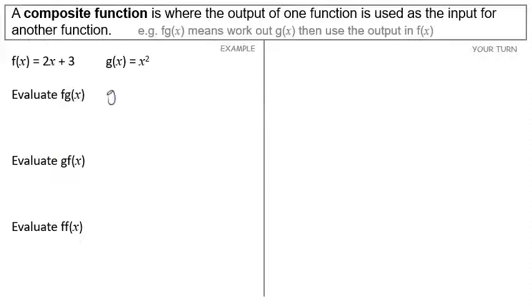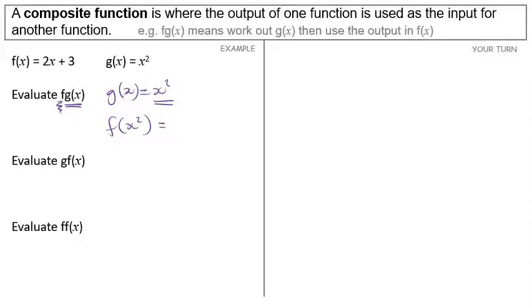We're going to start with g of x. Now we're told that's just equal to x squared. If the input's x, the output is x squared, so we've done the first bit. Now we need to use this output as the input for our next function, which in this case is f.